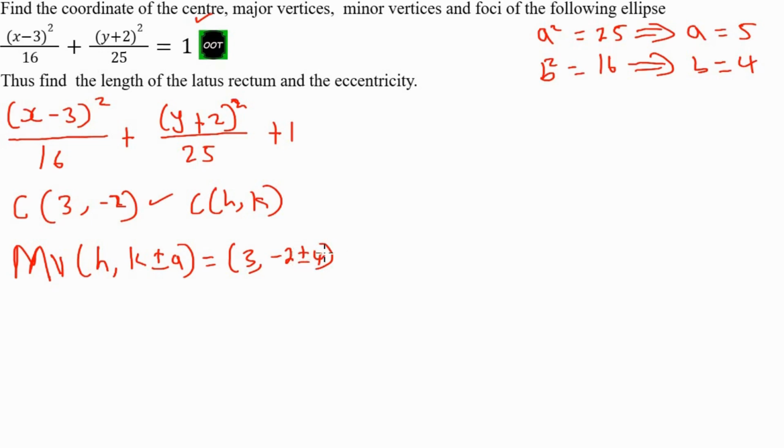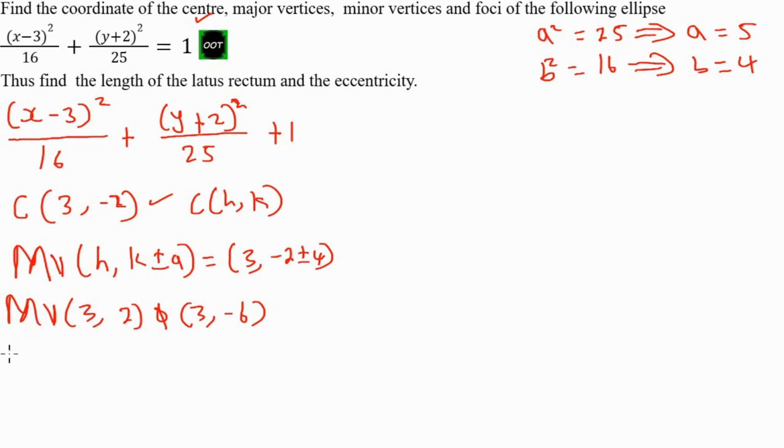So I need to express this and simplify. So MV, the major vertices, would be, the first one, 3, minus 2 plus 4, that's plus 2, and 3, minus 2 minus 4, that's minus 6. So this is the coordinate of the major vertices.